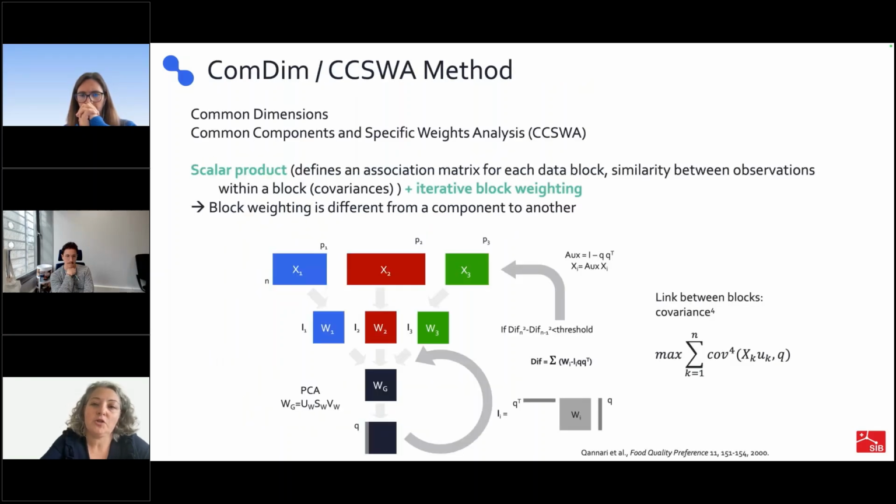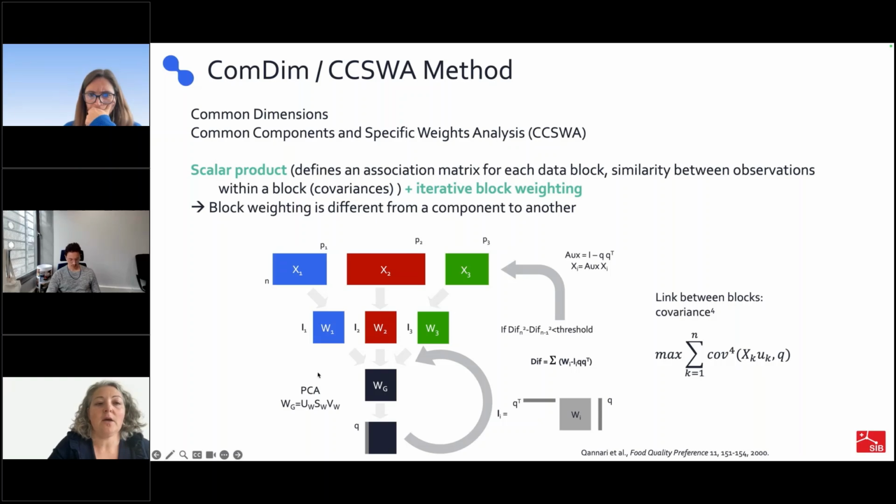So I will show you one of the methods that exists, which is called ComDim, for common dimensions, or CCSWA, for common components and specific weight analysis. You have all the different data blocks as inputs, and then the method will compute square matrices that have the same size, which is the number of samples.